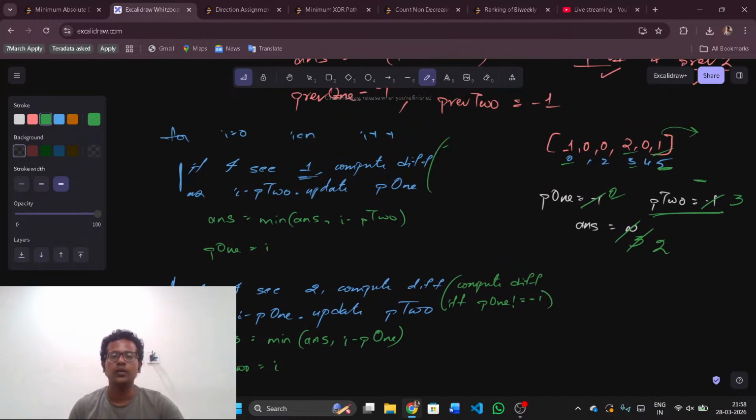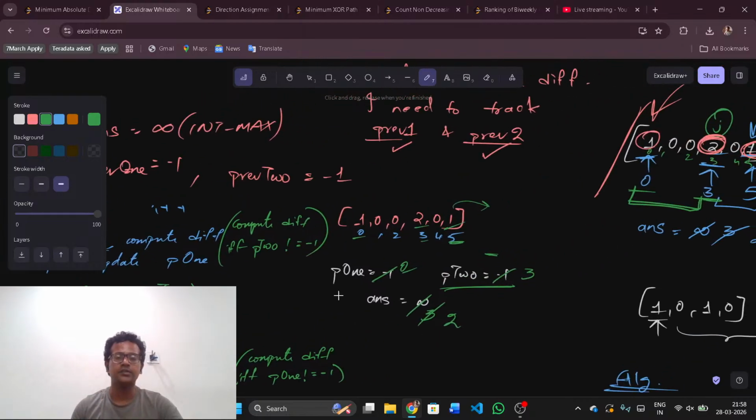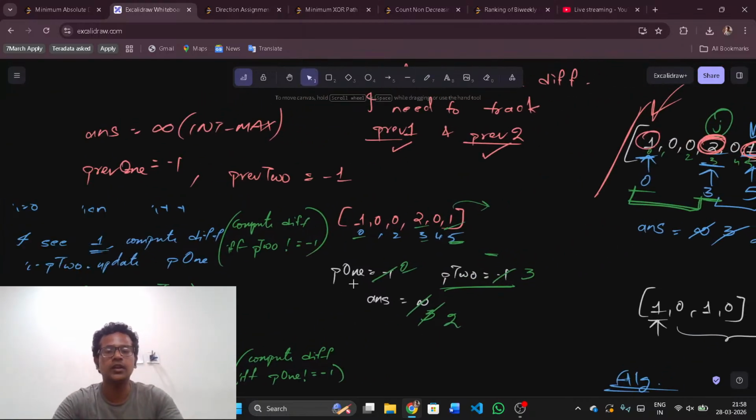Again here, compute difference if and only if previous 2 is not equal to minus 1. Why? Because if it is minus 1, we are saying that it is not present in the array itself, right? So I think it's clear for you.